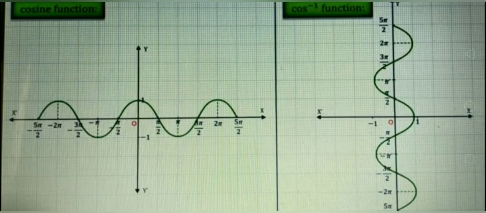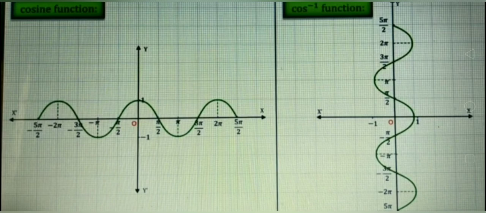So this is the graph of the cosine function and the cos inverse function. You'll find on the left hand side the cosine function. It is a many to one function, but if you restrict the domain from 0 to pi, or pi to 2 pi, or 0 to minus pi, or minus pi to minus 2 pi, it becomes a one onto function. And if you interchange the x and y axes, you can obtain the cos inverse function.